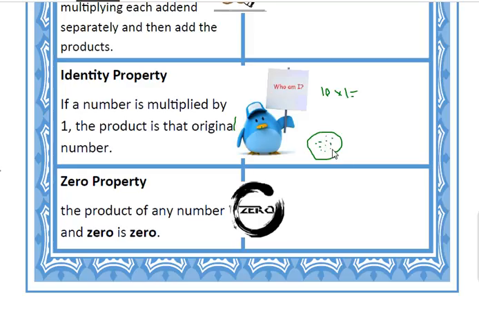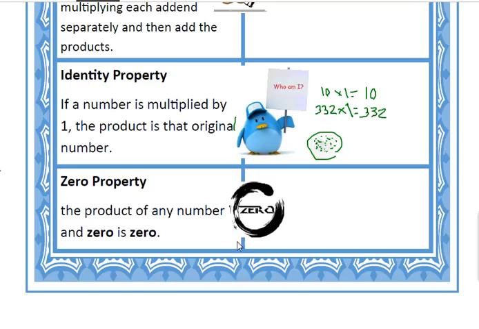One group of 10, how many do you have? You still have 10. All right? Let's say you had 332 times 1. You can do that in your head. What's 332 times 1? If you had 332 in one group, how many would you still have? You'd still have 332. So that's why that one's pretty easy.